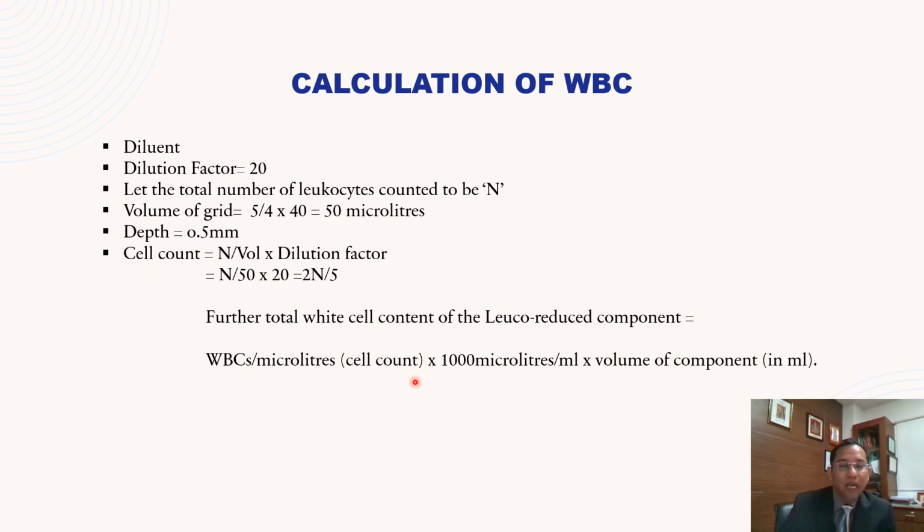This will give you the WBC which are left, or the leukoreduced, showing how good your leukoreduction is. Once you have that, you can calculate the remaining WBC, and you can see how many logs it is leukoreduced from the start. Suppose you had 10 raised to power 9 and it is now 10 raised to power 6. That means it is 3 log leukoreduced or more.